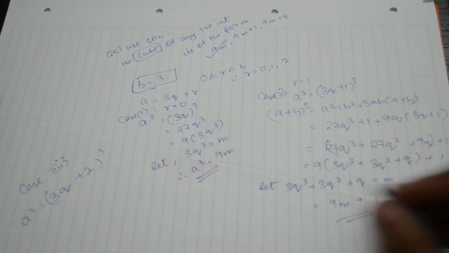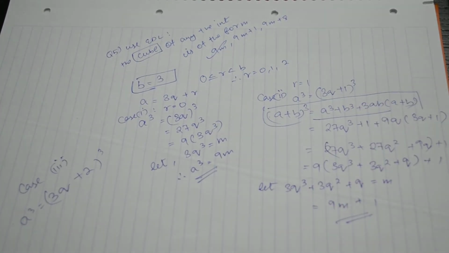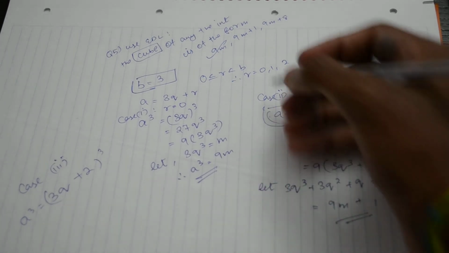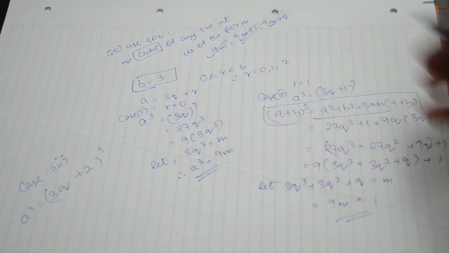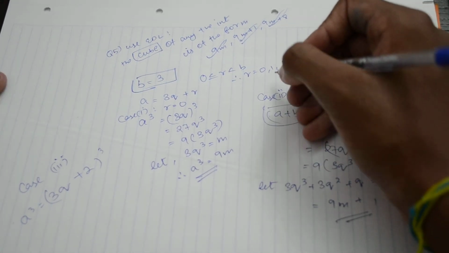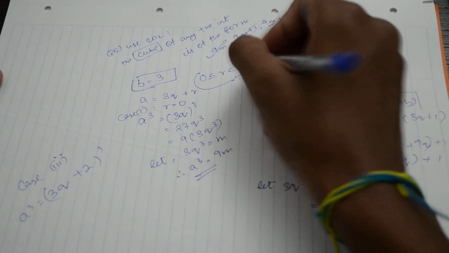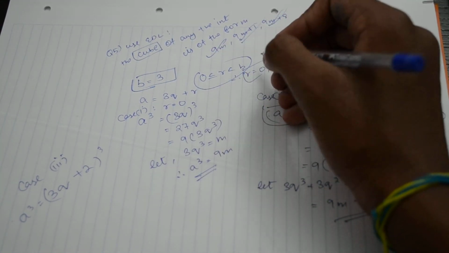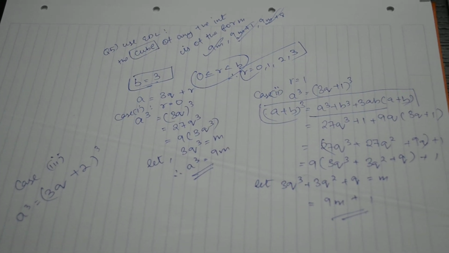Simplifying using the a plus b identity, which is mentioned over here, a cube plus b cube plus 3ab into a plus b, we could find it. Thus we proved that a cube is equal to 9m plus 1 or 9m plus 8. If you're still wondering why we can't go to r equal to 3, that's because we have 0 less than or equal to r, less than b, and we assumed b to be 3. Hope you guys understood.